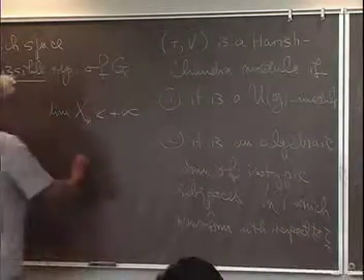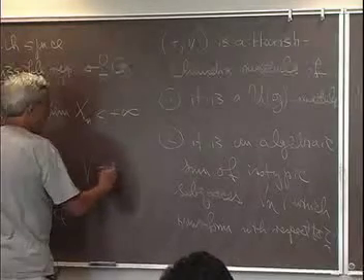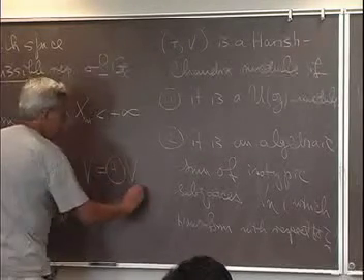So this is just the labeling. So I can write V as the algebraic sum of Vn's.